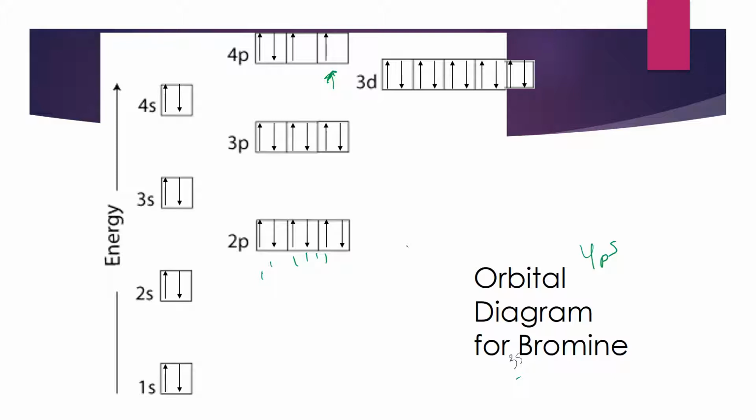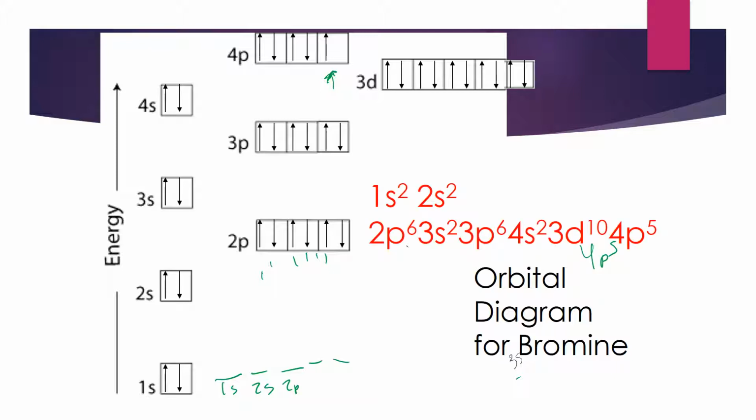Remember, if we wanted to draw this out, it'd be 1s, 2s, 2p, 1, 2, 3, 3s, 3p, 4s, then 3d, 1, 2, 3, 4, 5, and then 4p, 1, 2, 3, and we put the electrons in.